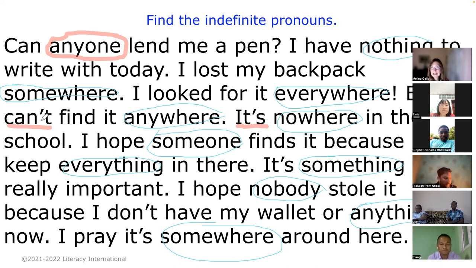So we use the negative verbs with anywhere when we want to use it to mean nowhere. So that's another way. You can just have them look at some sentences, sort of pay attention to the verbs and the pronouns, and then they start to learn those patterns.